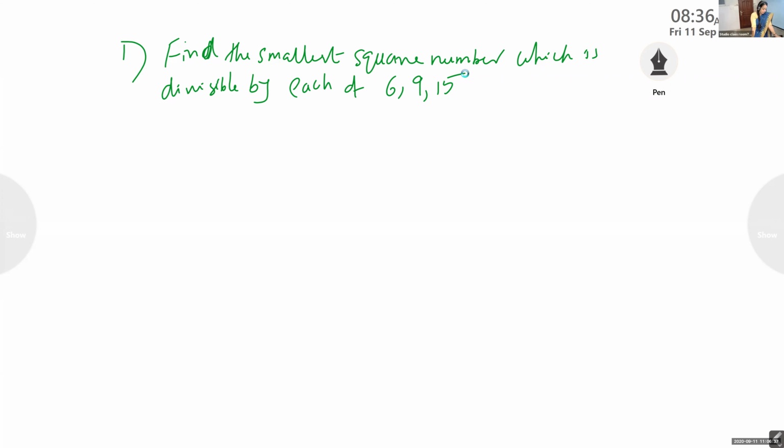Find the smallest number which is divisible by each of 6, 9, 15.